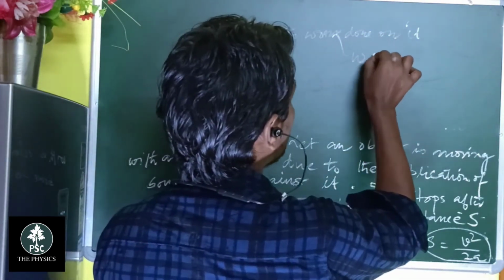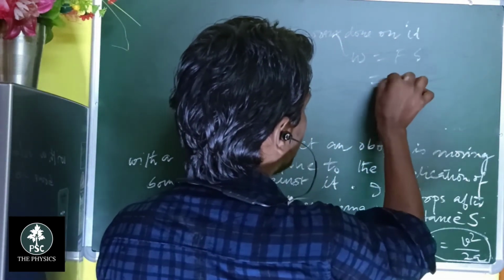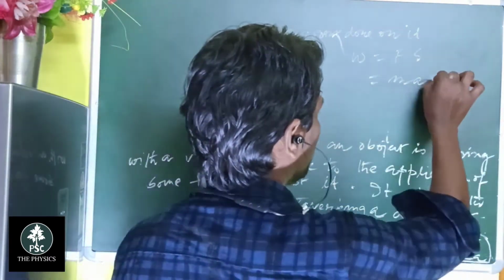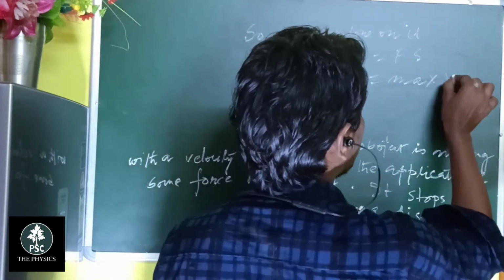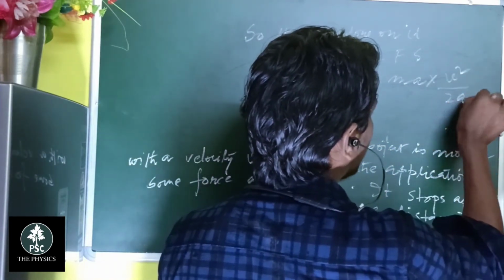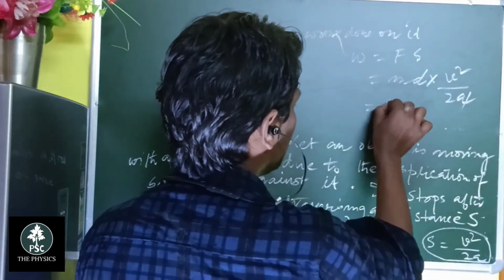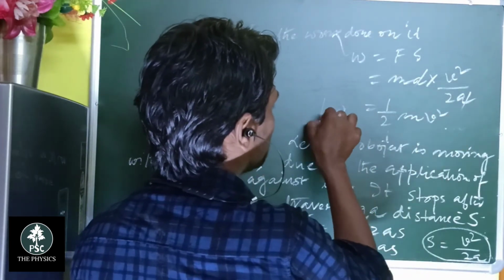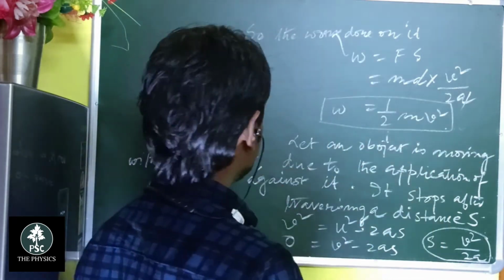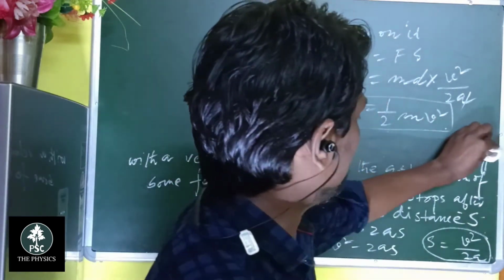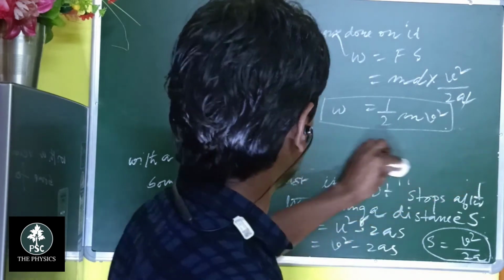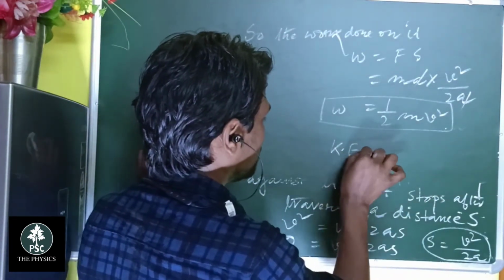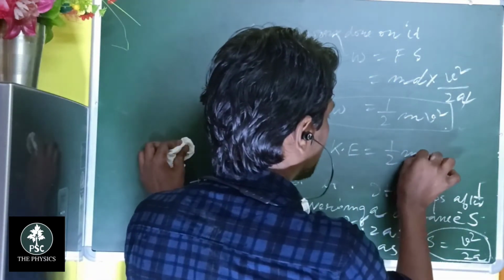So work equal to force into displacement, and force, we know, equals mass into acceleration, and here the displacement s is v square by 2a. The a cancels, so half mv square amount of work is done on the body, and this work done is called kinetic energy. This work is equivalent to energy, so kinetic energy equal to half mv square.